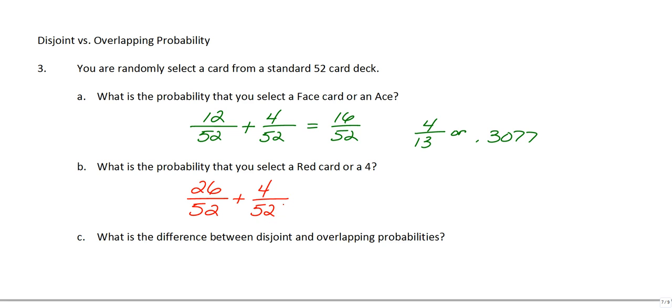But this is where the overlap comes in. Remember, we have 26 red cards, and we have a 4 of hearts, we have a 4 of diamonds, and then we have the 4 of spades, and the 4 of clubs.